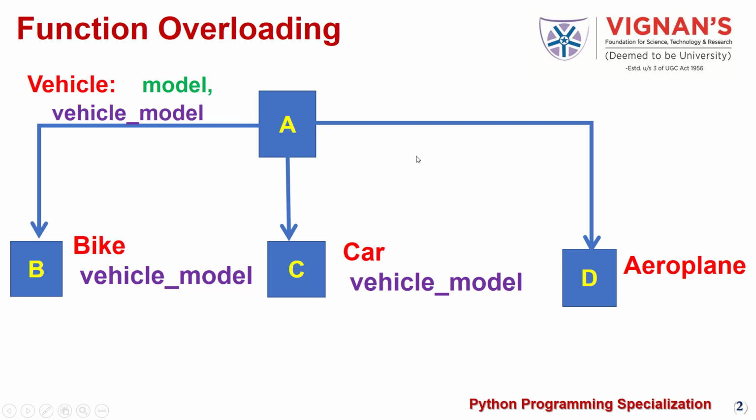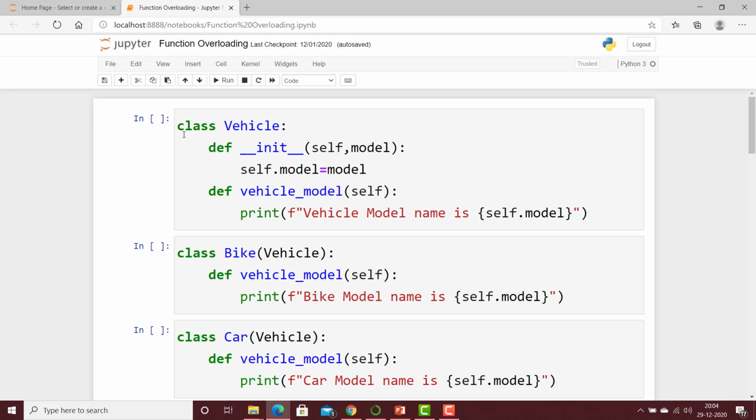Let us discuss how to define the classes for the vehicle, bike, car and aeroplane. Here we want to define the vehicle class. For that we use vehicle as the class name, and in the constructor we take model as one of the object data members of the vehicle class.